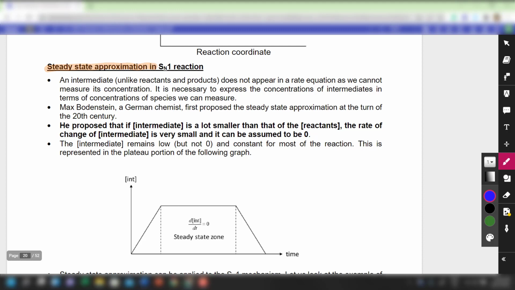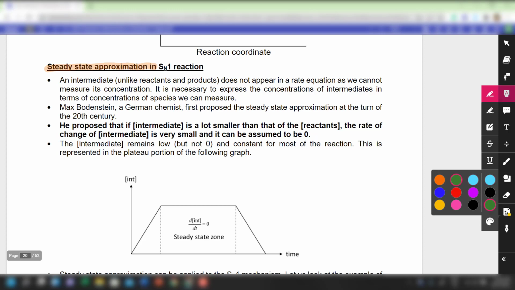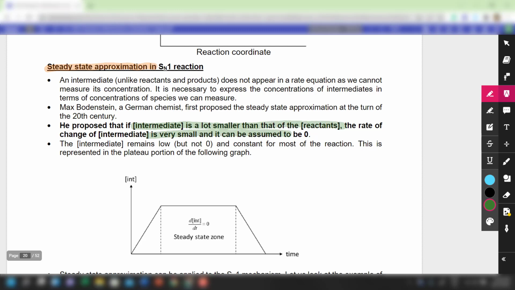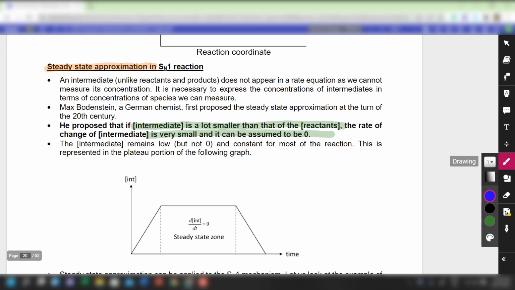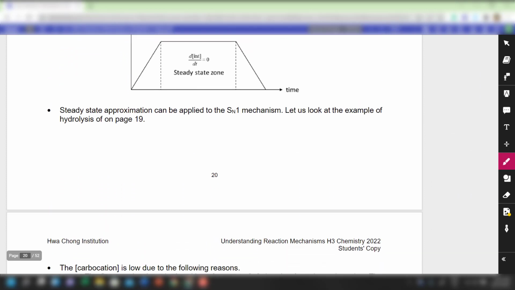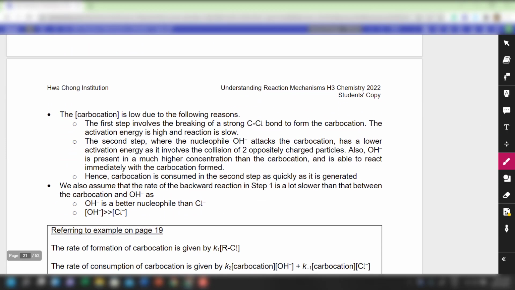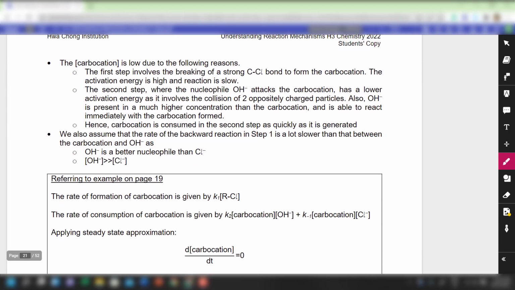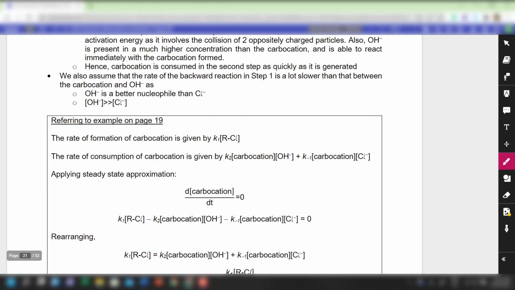The proposal by the German chemist Max Bodenstein is that the intermediate concentration is a lot smaller than the reactant, so the rate of change is very small and can be assumed to be 0. Please take note of this, because on the next page, in the particular box, we're going to show the derivation.